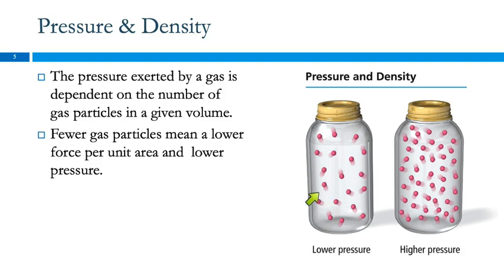This container has fewer particles and that has more particles. The pressure here is caused by the force of these little particles hitting the sides of the container. When there are fewer particles in this volume, there's going to be fewer collisions, and so lower pressure. Higher concentration, more particles in a given volume, is going to be higher pressure. Does that make sense?